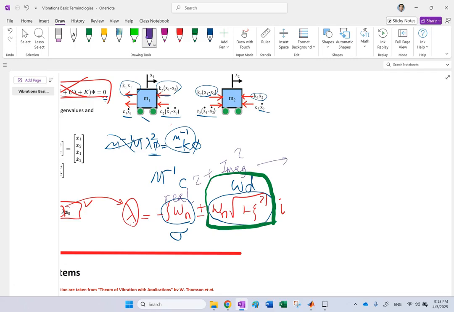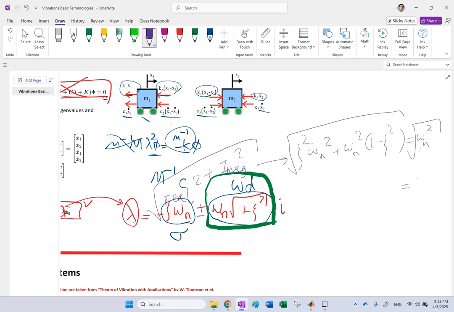If I do that, you will get zeta squared omega n squared plus omega n squared times 1 minus zeta squared. These two negative positives would cancel. You simply get omega n squared. So if I take a square root of that, it will be omega n. So I can find the natural frequencies also if I want.